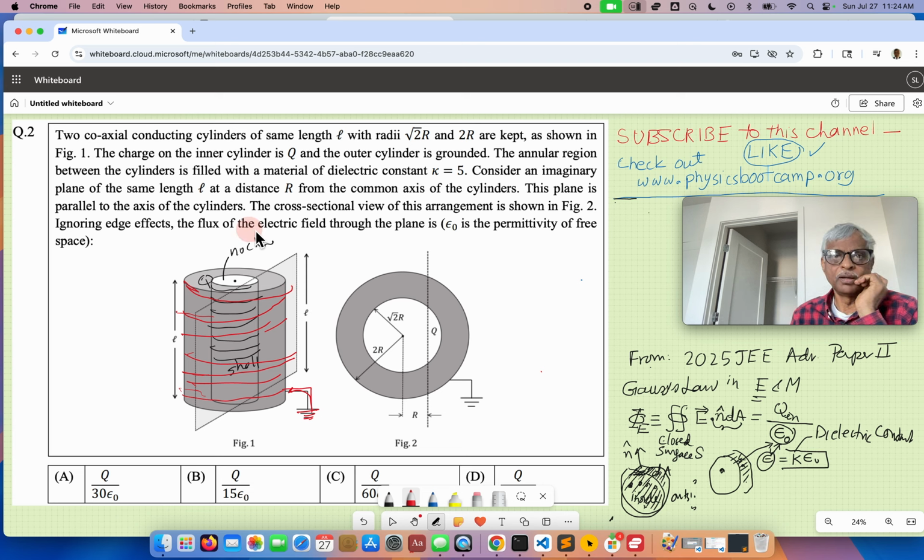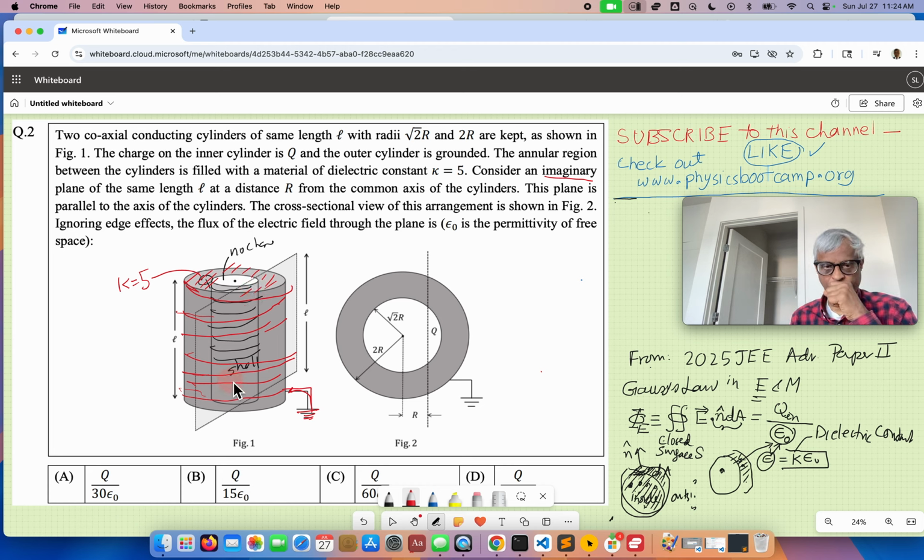Then it says the region between these two has a material with a dielectric constant kappa equal to 5. It says to consider an imaginary plane in this space.